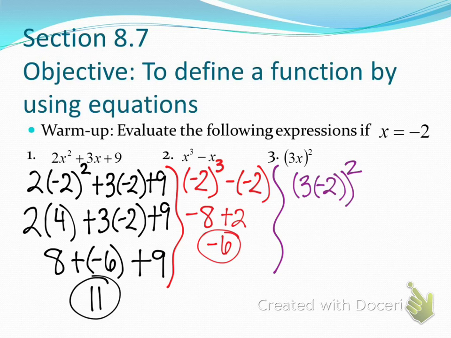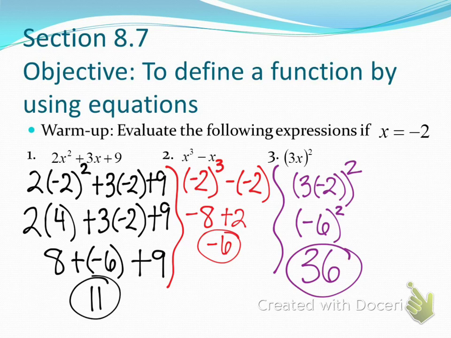So since it's happening inside of the parentheses, we do that first. 3 times -2 is -6. So that got rid of one of our sets of parentheses. -6 squared is a positive 36. Remember, a negative times a negative comes out positive.